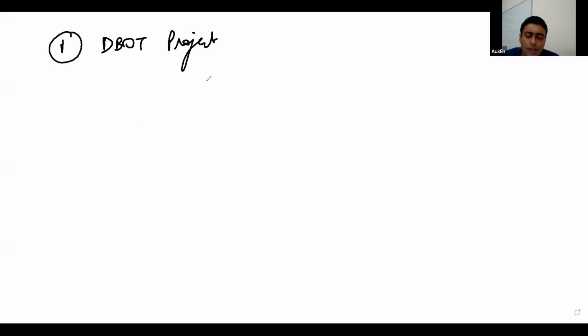Is anyone aware of it? DBOT project means that the company which is chosen to do this project has to do all the things. D means design, B means build, O means operate, and then transfer.